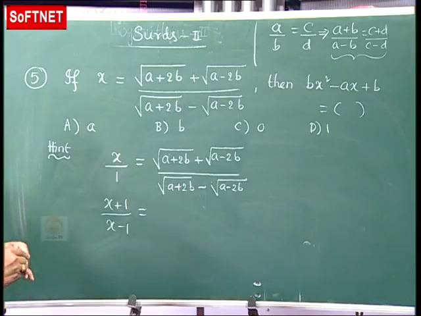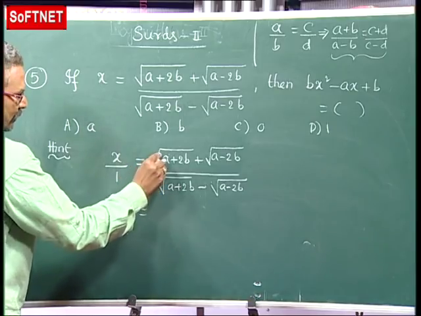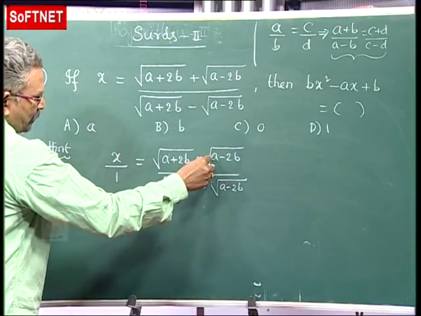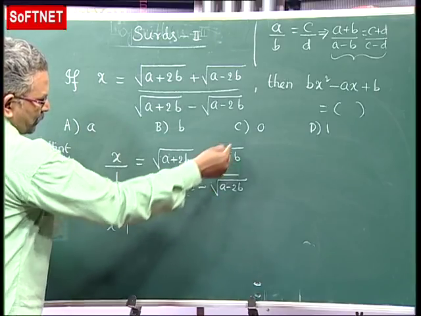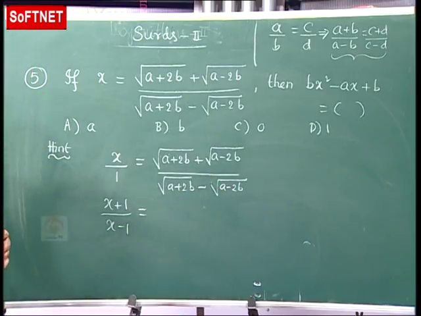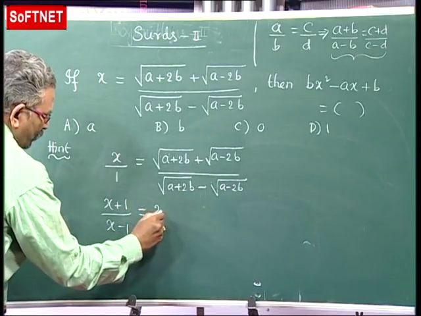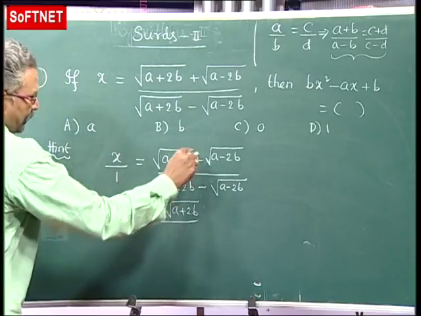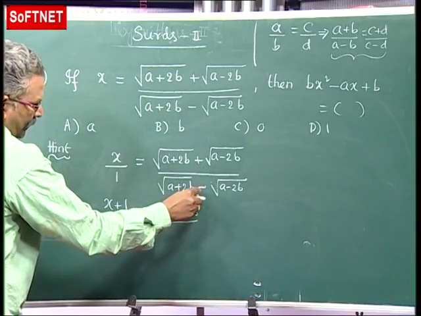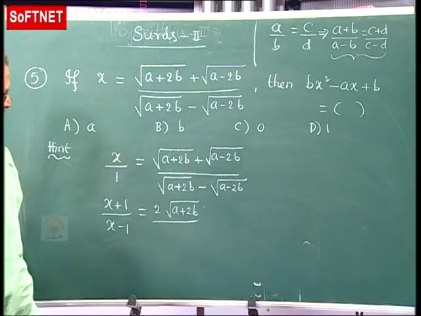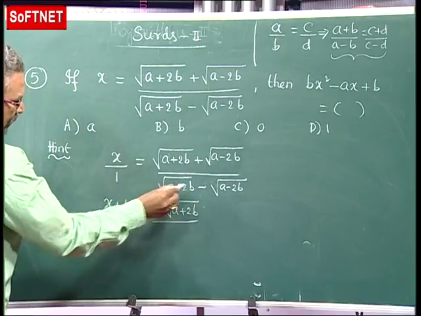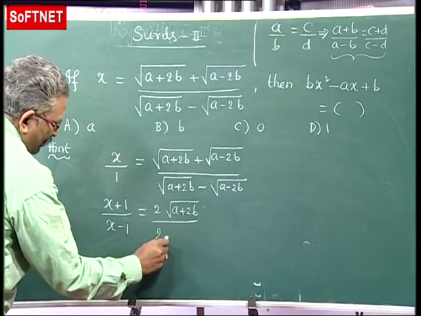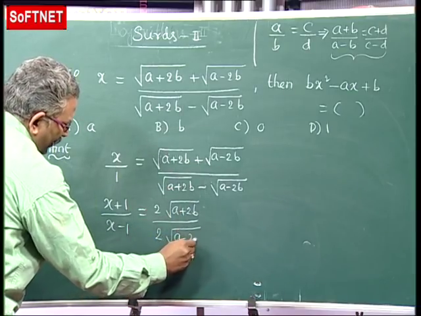Okay, I hope this is root of a plus 2b plus root of a plus 2b plus root of a minus 2b minus root of a minus 2b. This gets cancelled. This becomes 2 root of a plus 2b by, now this one, denominator should be subtracted from numerator. This gets minus sign, this gets plus sign, this gets cancelled. Here this becomes 2 root of a minus 2b.